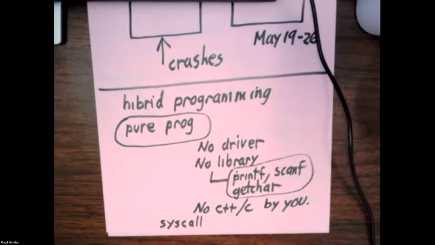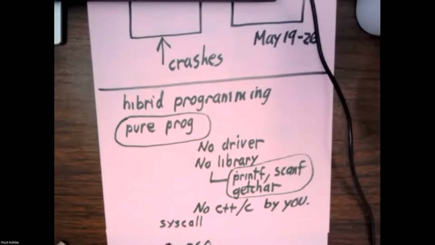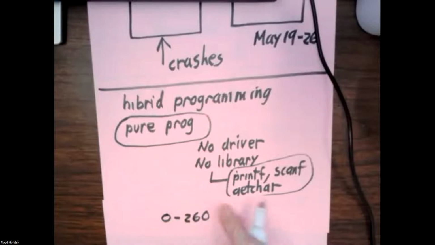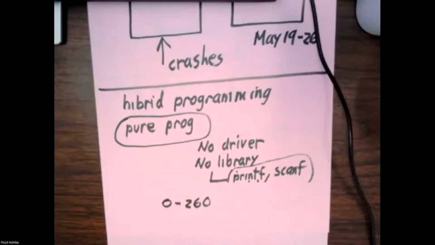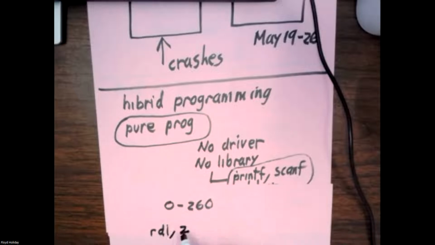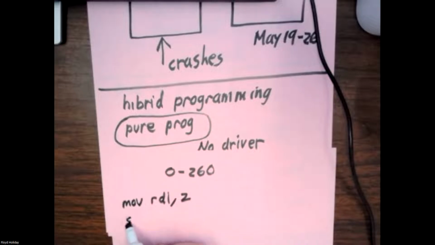If you had the complete table of all the functions made available by the operating system, they're numbered from 0 to 260, approximately. And so you have to know the function you want to do, and you move it into a register. I think it's, we'll look it up in a few minutes. RDI, you move the number you want there, and you say syscall.